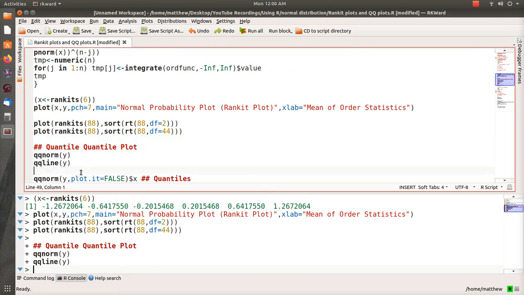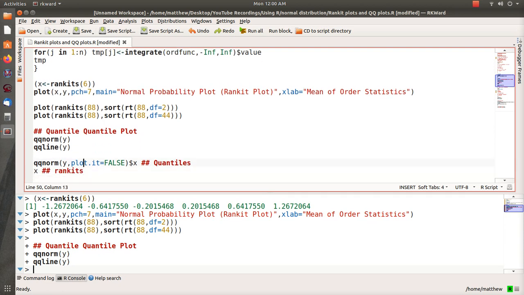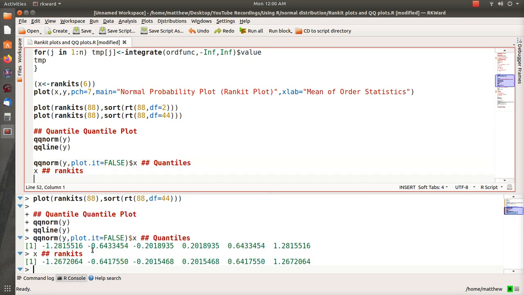Okay, so first of all, let's just look at what those x values are. So in the QQ norm, we're not going to plot it, but we're going to just grab those x values and compare them with the rankits that we just plotted, or calculated. So the rankits on bottom, these are the mean of the order statistics, right?